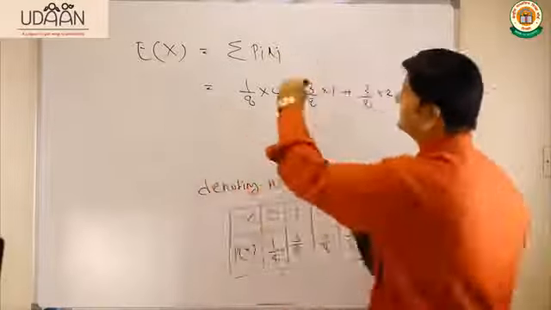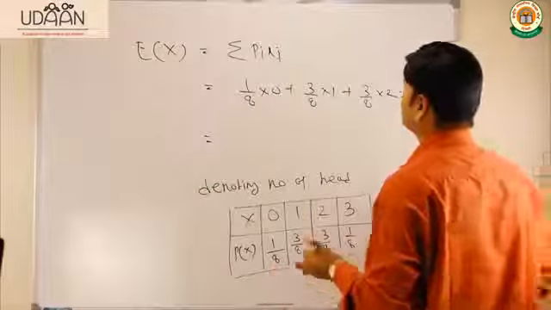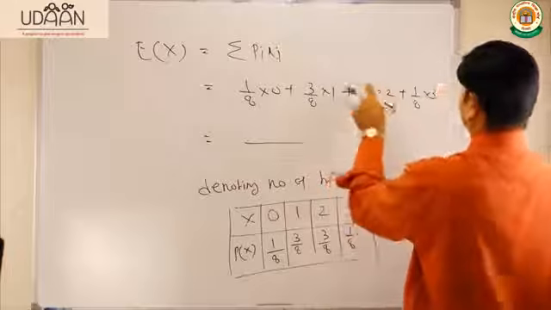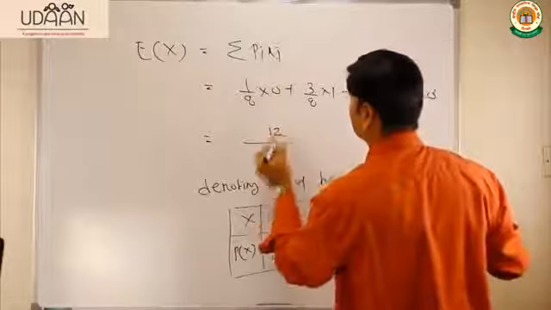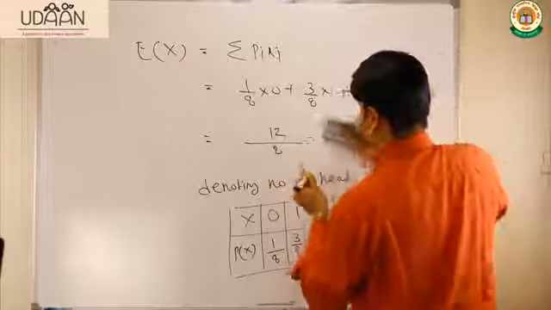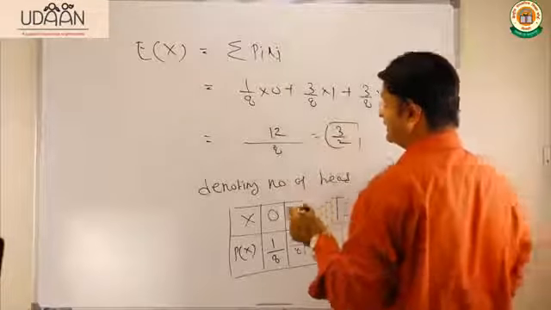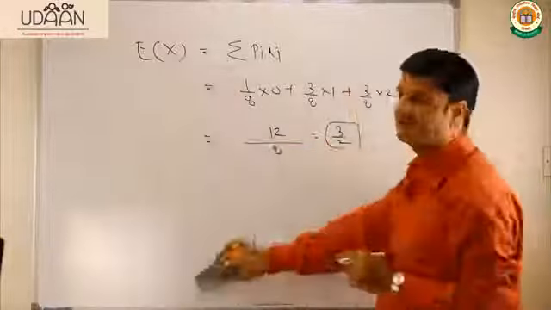Once you calculate this, you get the expectation of the random variable. So here we get 0, 3 plus 6 is 9, 9 plus 3 is 12, 12 upon 8, that is equal to 3 upon 2. The value of E(X) is 3 upon 2. It is the expectation of the random variable.